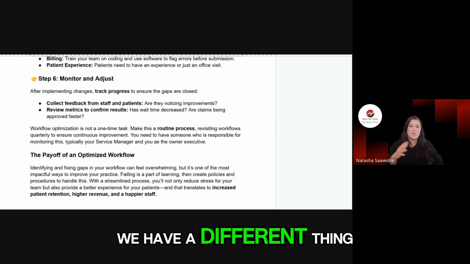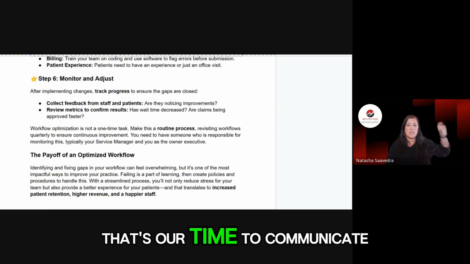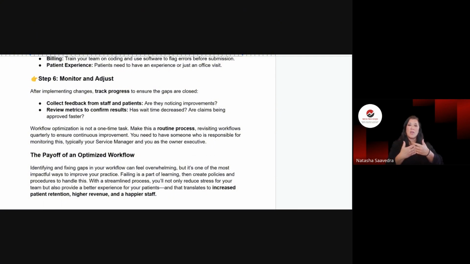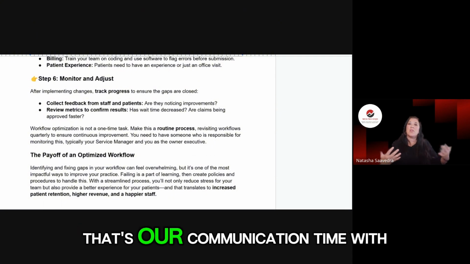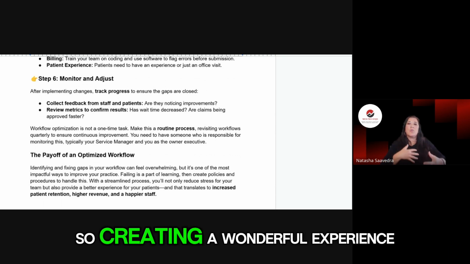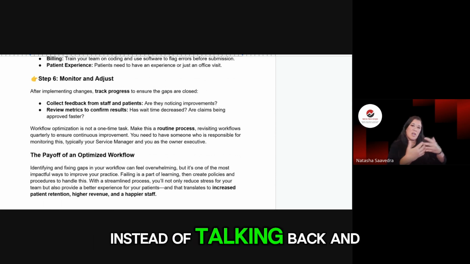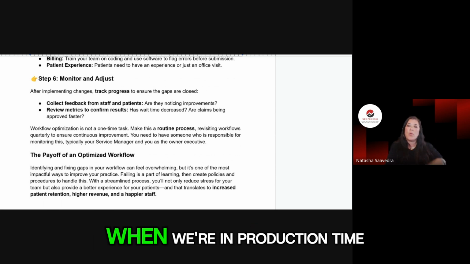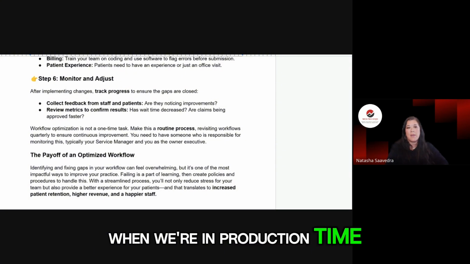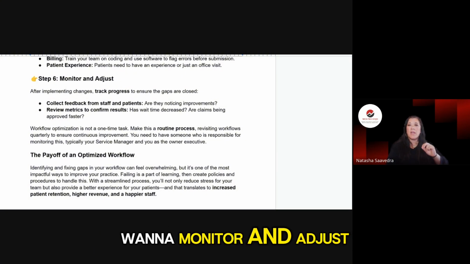We have a different thing that we talk about is the difference between prep time. That's our time to communicate with each other. When we go into production time, that's our communication time with the patients. So creating a wonderful experience with the patients instead of talking back and forth to each other when we're in production time.